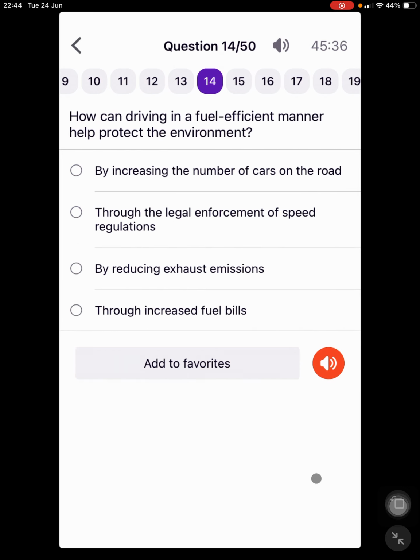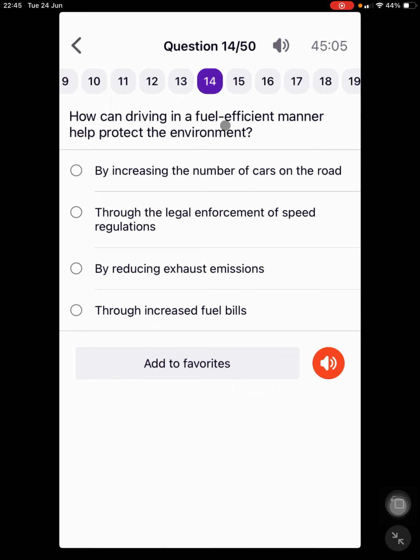How can driving in a fuel-efficient manner help protect the environment? By increasing the number of cars on the road. Through the legal enforcement of speed regulations. By reducing exhaust emissions. Through increased fuel bills. Fuel efficient driving means driving where you use less fuel.